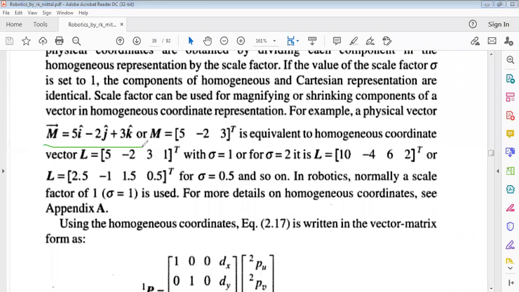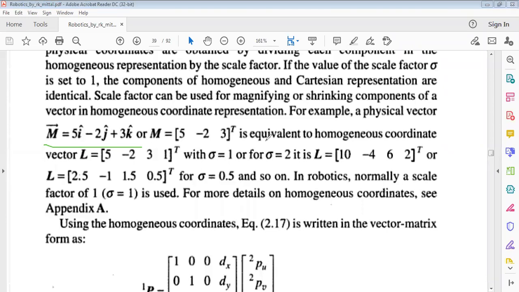Let us take a sample: 5, -2, 3 are the components in that vector. In matrix form, m is equal to the column matrix 5, -2, 3.